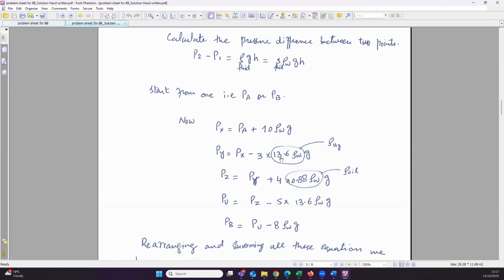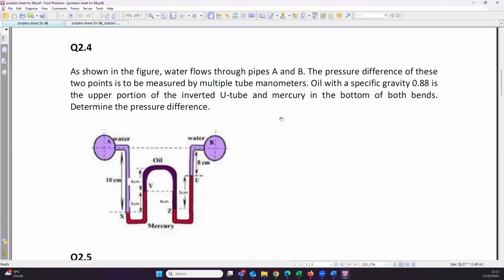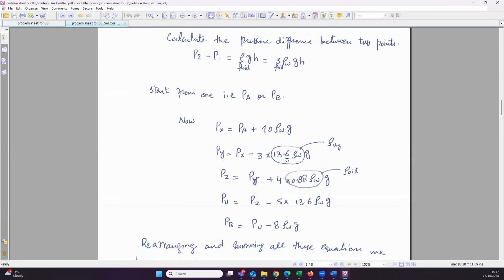Then we have rho of mercury, okay, but we do not know the rho of mercury. What we are given is actually the specific gravity of mercury. So we know that the specific gravity of mercury is 13.6, from the definition, because the specific gravity of mercury is the density of mercury divided by the density of water.